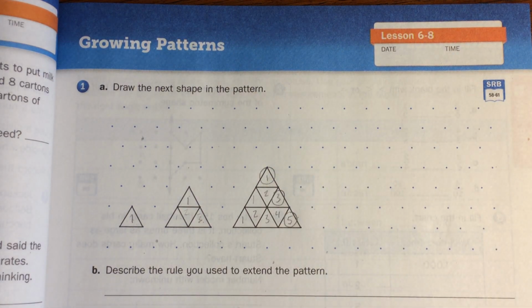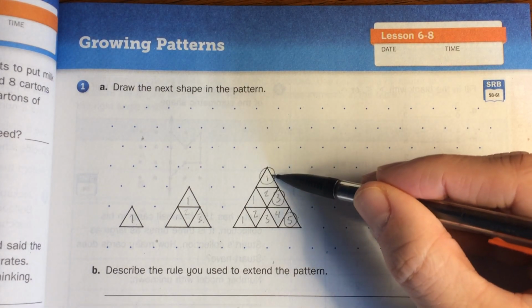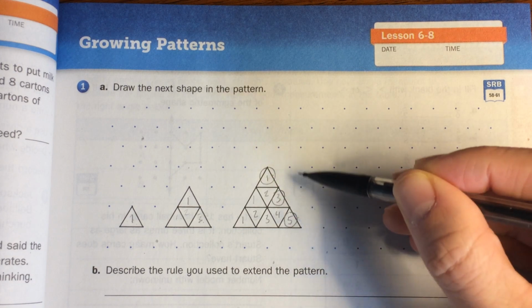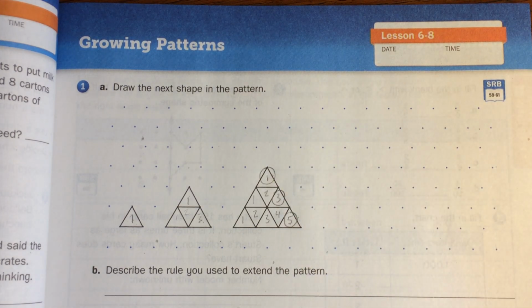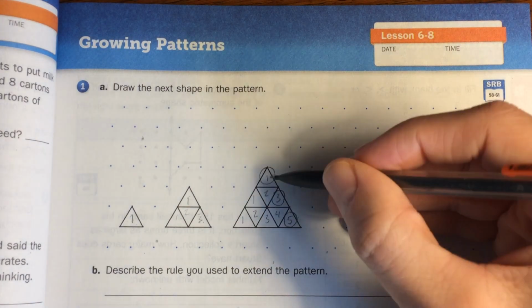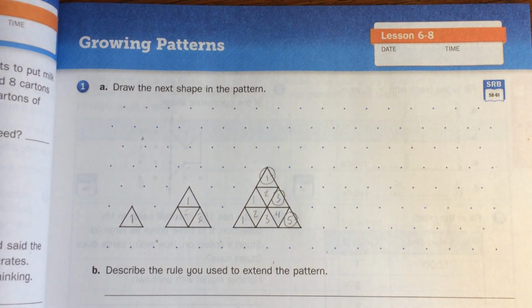Think about that for a moment. What do you know about 1, 3, and 5? What I know is they're odd numbers. And not only that, but they're odd numbers in order. If I told you to count by odds starting from 1, you would go, okay, 1, 3, 5.